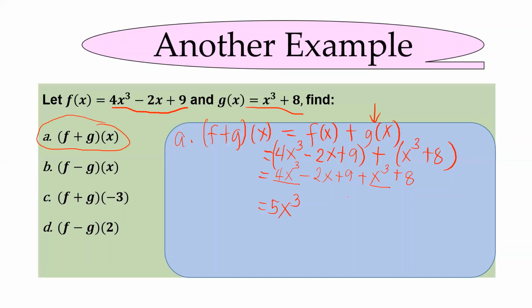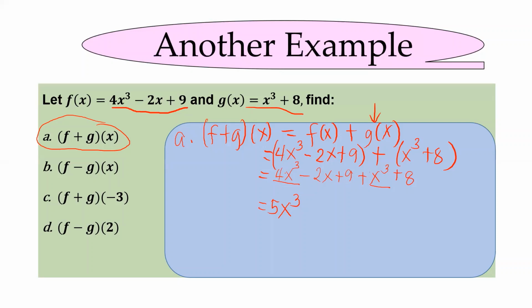If we are going to add the same terms, just copy the variable with degree and then add the numerical coefficient. Automatically, kapag x lang dyan, may 1 yan siya, pero invisible yung 1 dyan.